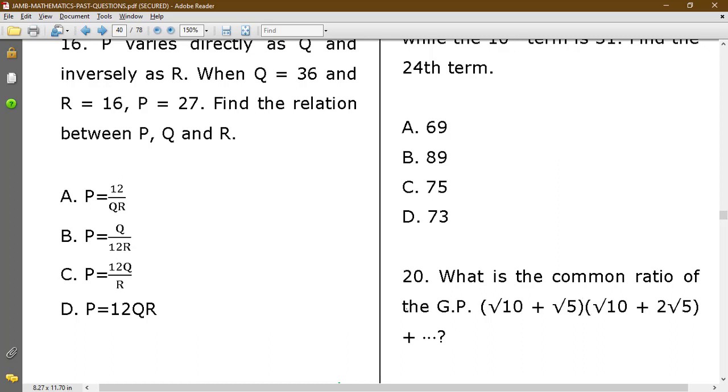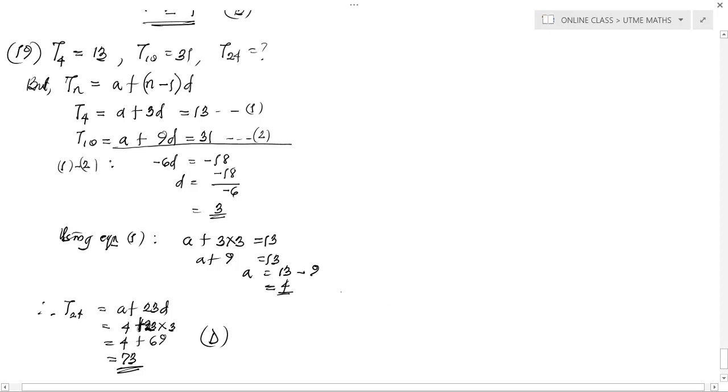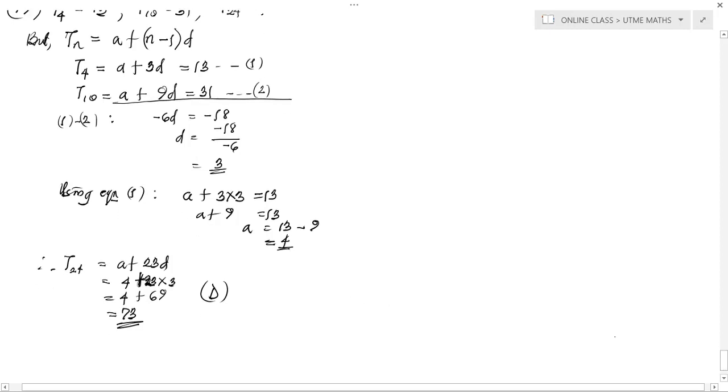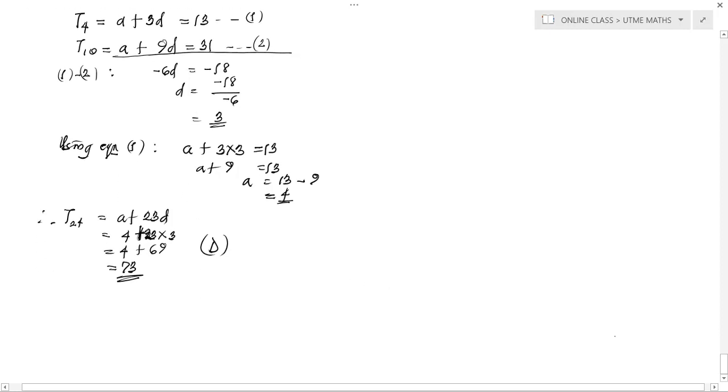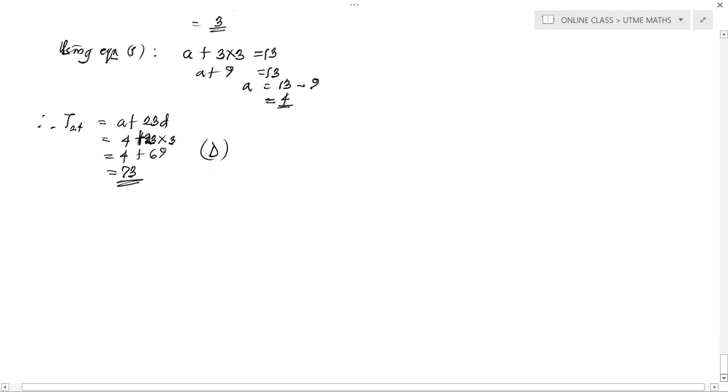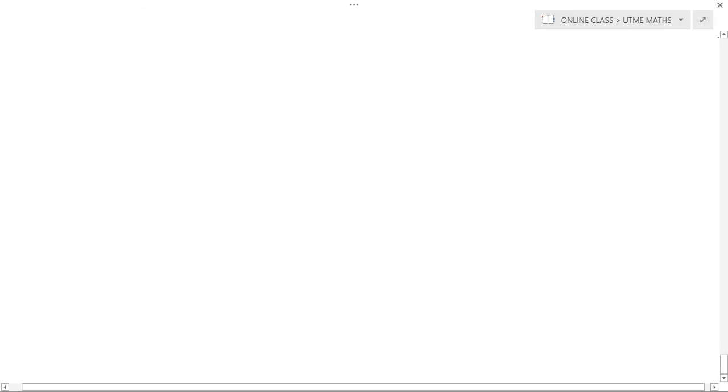So we want to find the common ratio in this case. So let's see how it goes. Number 20 is to be solved. Number 20 says that T1 is root 10 plus root 5.